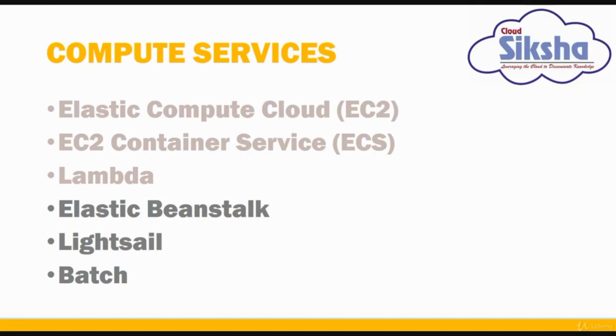You may develop your web applications in Java or .NET or PHP or Node.js or Python, Ruby, Go and such languages. And you would have used web servers like Apache or Nginx or Passenger or IIS. Now, when you do this, you give your code to Elastic Beanstalk or you upload your code into Elastic Beanstalk.